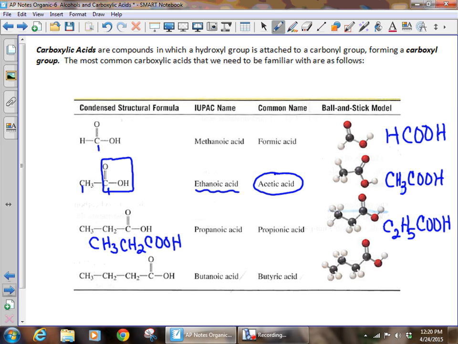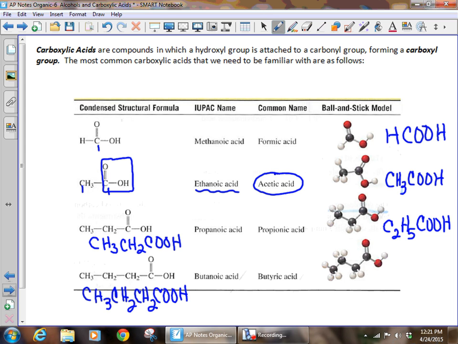So there are a couple of different ways these might be shown. Butanoic acid, same situation. They all have that C double bond O, OH at the end, but this one they might show you as this. Just hexanoic acid, there's no telling what they might give you for the formula.